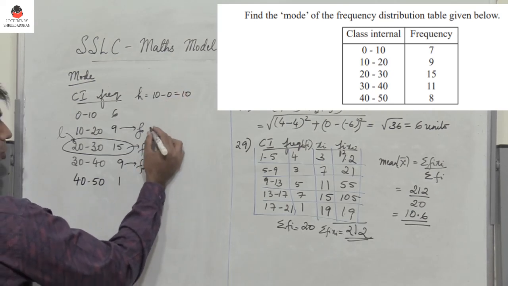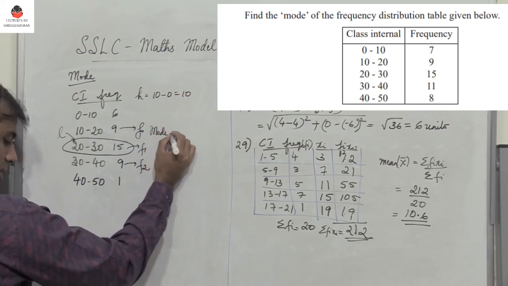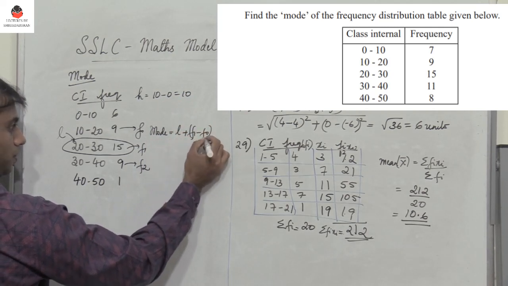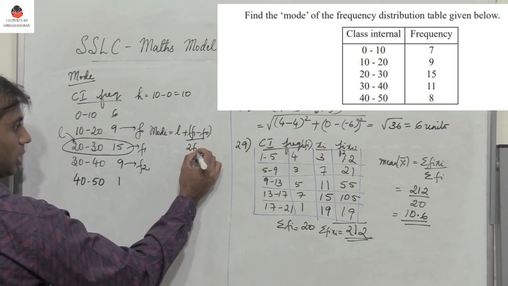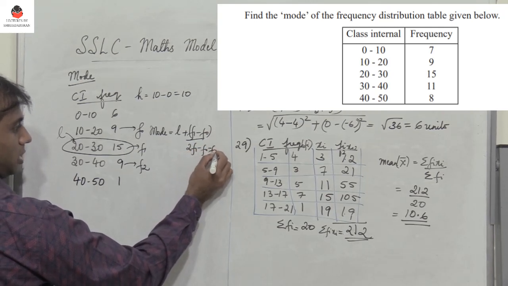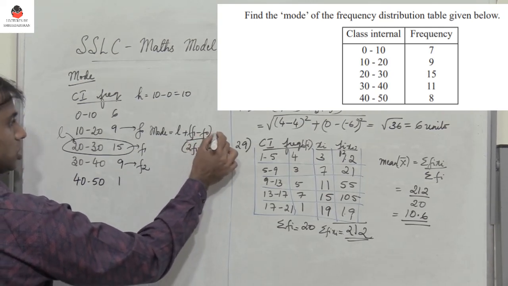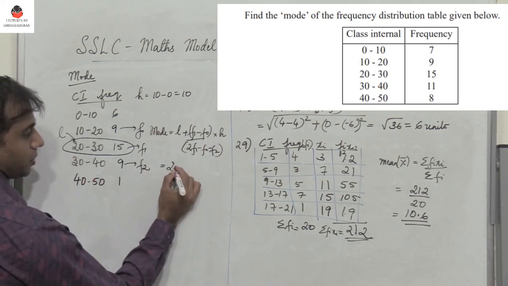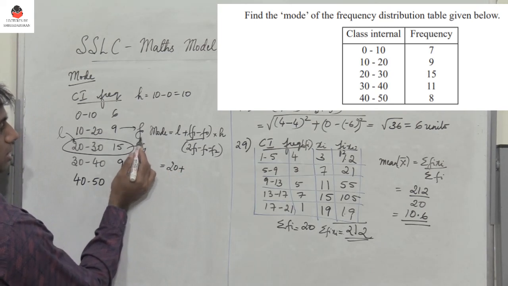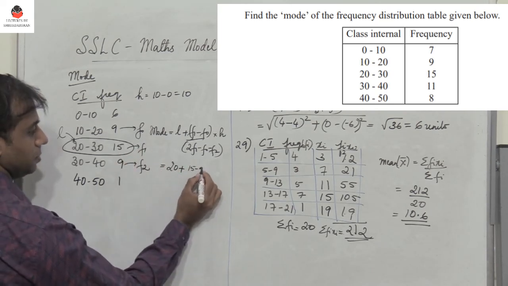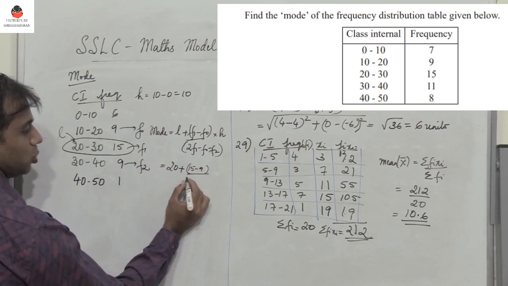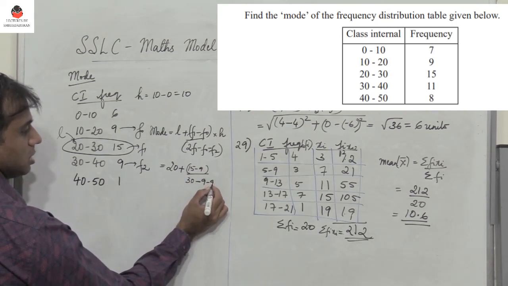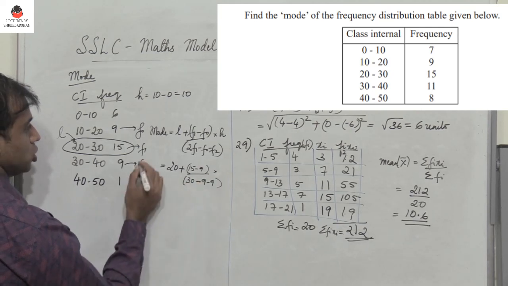Now what is the formula for mode? To calculate the mode, it is nothing but L plus (F1 minus F0) divided by (2F1 minus F0 minus F2) into H. So I have the value L is 20 plus F1 minus F0, 15 minus 9, divided by 2F1, 2 into 15 is 30, minus F0 is 9, minus F2 is 9, into H. What is H?